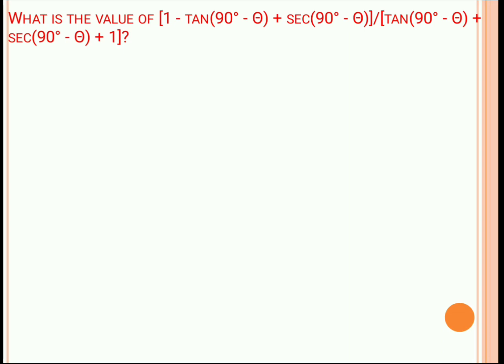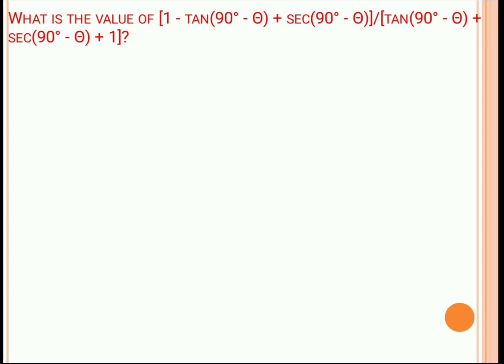Once you assume the angle theta, you will get a numerical value. Now you can substitute the same angle theta in the given options, and whichever option has the same value as that of the question will be your answer. Otherwise, the second approach is to solve this expression.